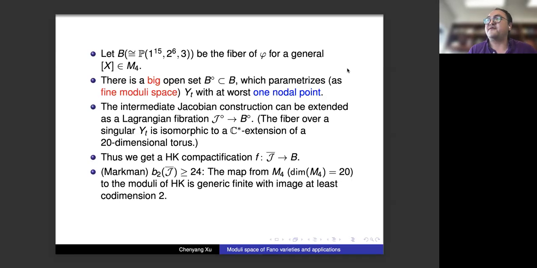I didn't know it could have a finite fundamental group, especially the open locus. I think by the decomposition theorem, some étale cover of this will be simply connected irreducible. If the open locus has some fundamental group, then if you take the étale cover, that would be a simply connected irreducible one. But I don't know whether the one I constructed is simply connected, especially the smooth locus. I don't know whether it's simply connected.